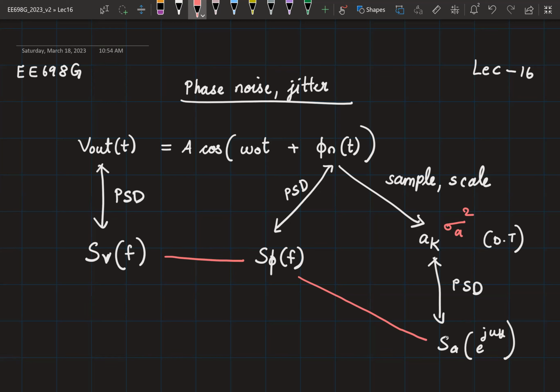Before I move on with this relationship, do you think it is important for us to know what S phi of F is, or is it just enough if I can calculate AK? Is there any application that you can think of where S phi of F itself is more relevant than the jitter values?